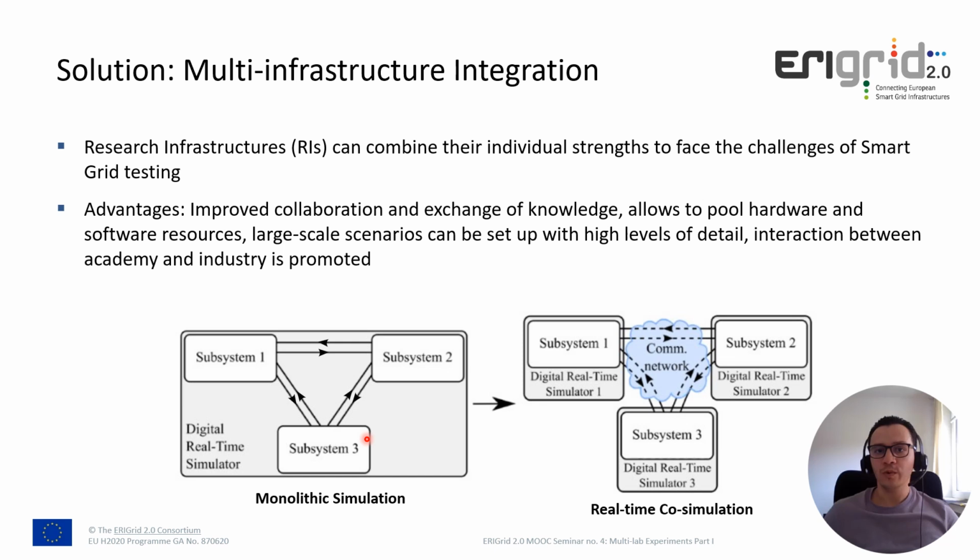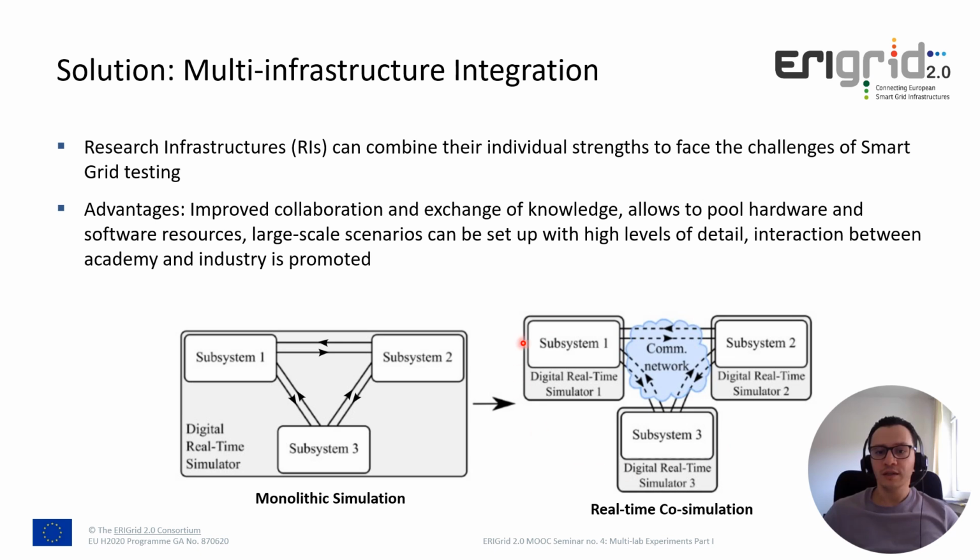In this figure, we can see on the left-hand side a single research infrastructure performing a simulation comprising several subsystems. In this case, because only one simulator is used, one real-time simulator, the same modeling approach and the same solver are used.